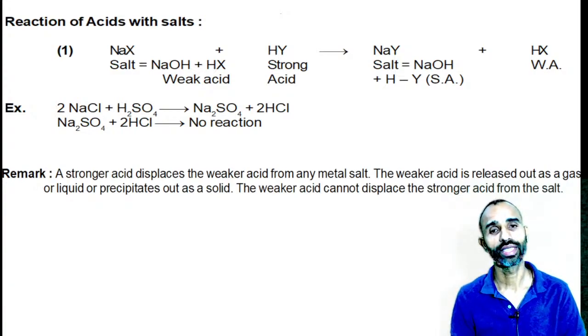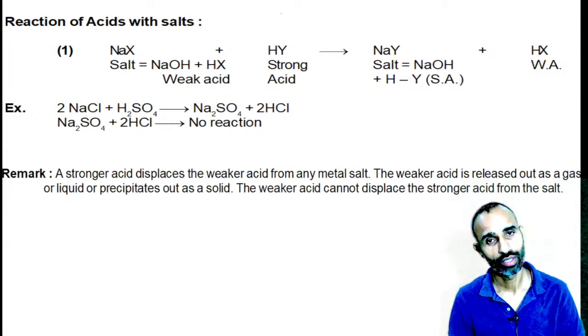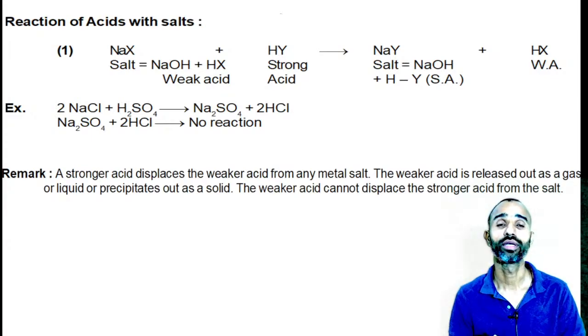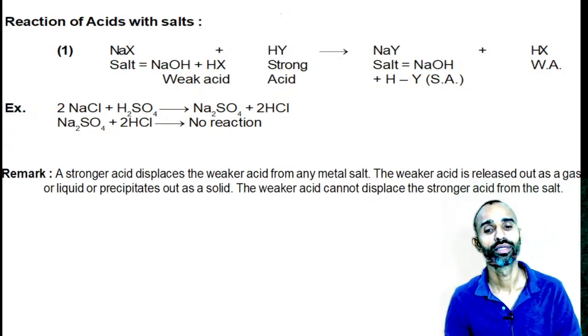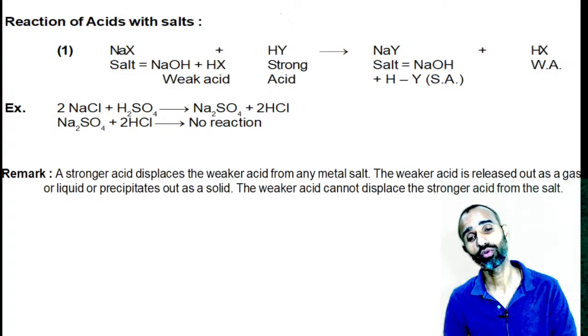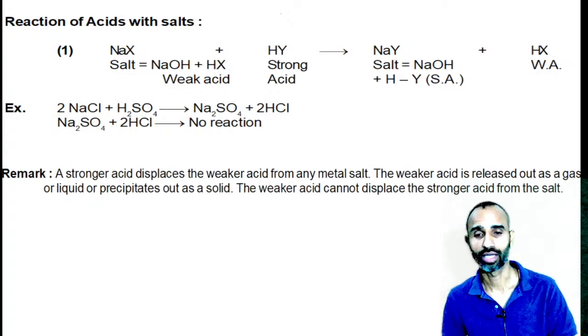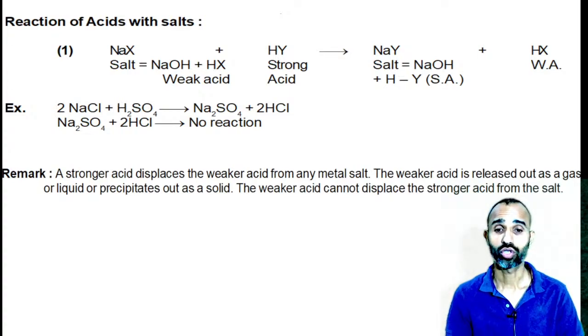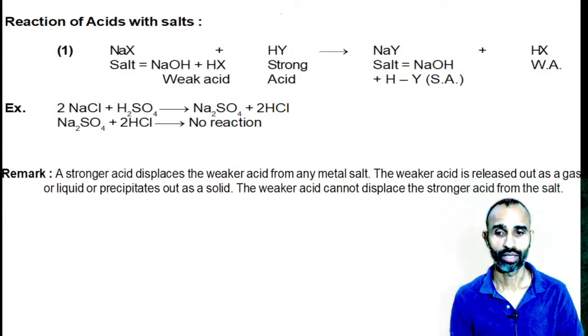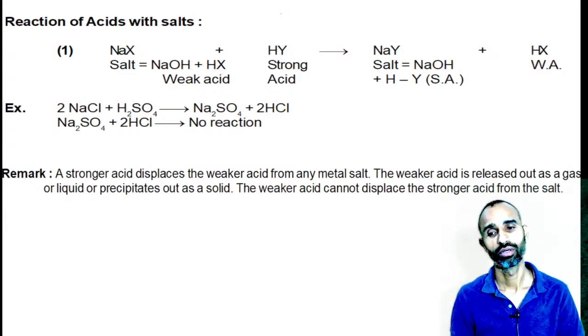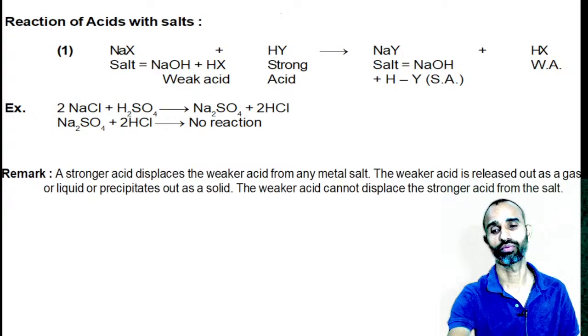For example, NaCl when reacted with H2SO4 gives Na2SO4 and HCl, because H2SO4 is a stronger acid than HCl. But if Na2SO4 is treated with HCl, there is no reaction. So a stronger acid displaces the weaker acid from any metal salt, and the weaker acid is released as a gas, liquid or precipitate, whatever it is, even as a solid. A weaker acid cannot displace a stronger acid from the salt.